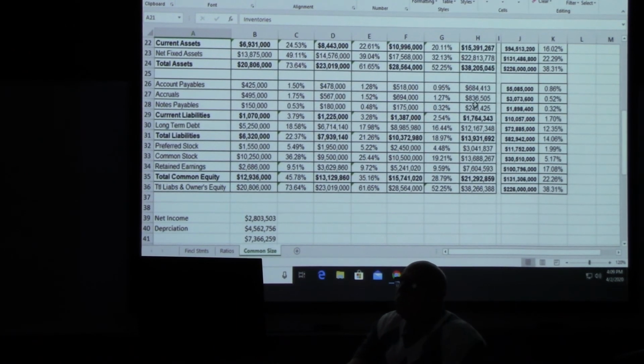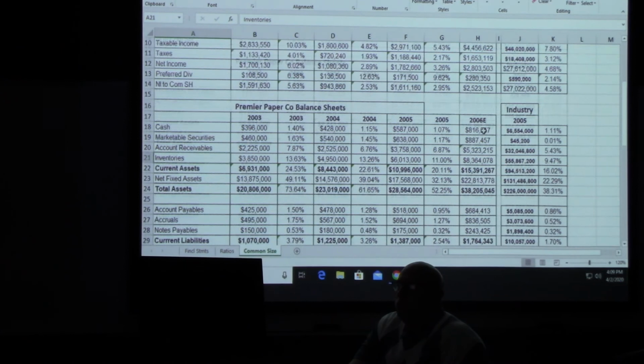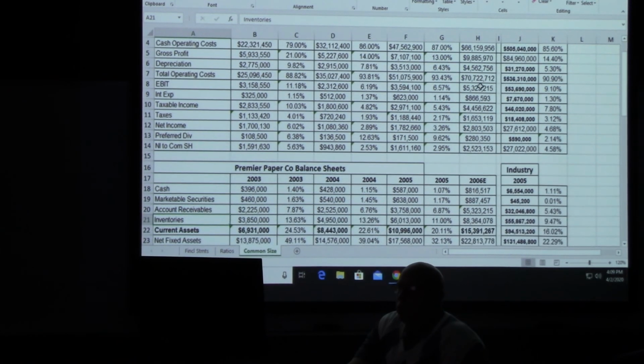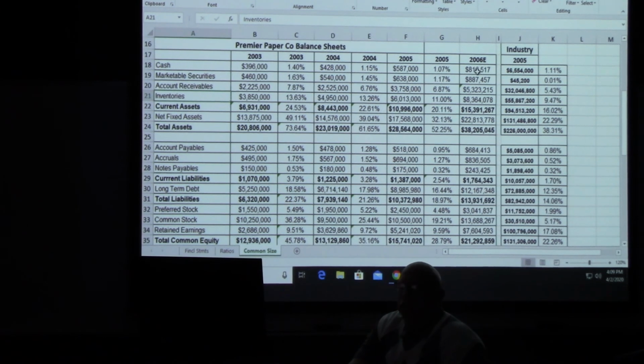So the things that determine how much capital you need are your growth rate of sales and any changes in your margins and any changes in your efficiency ratios.